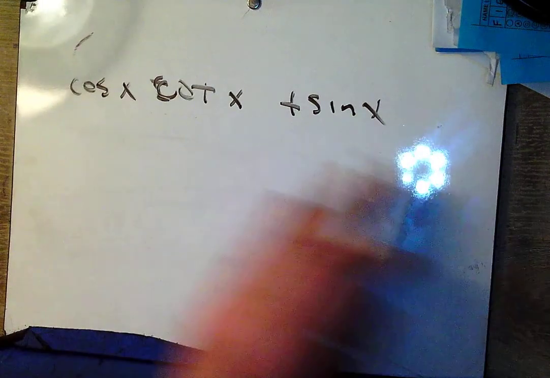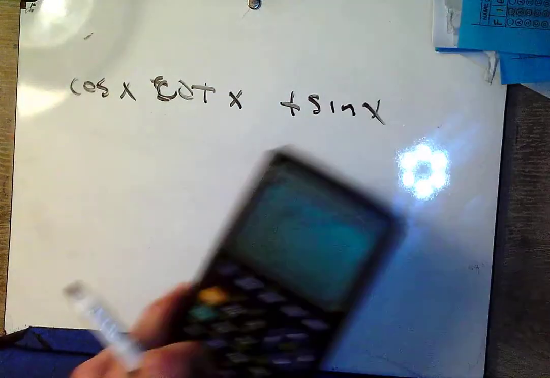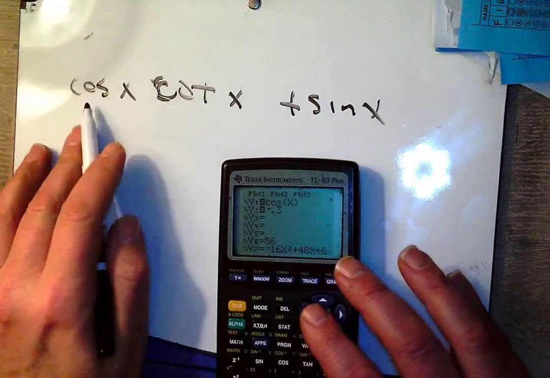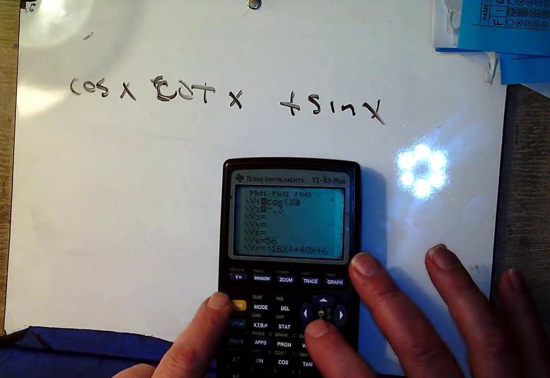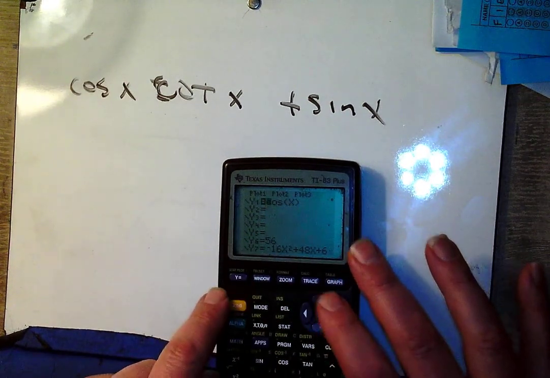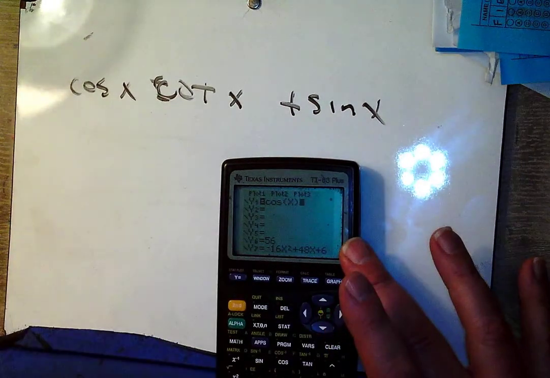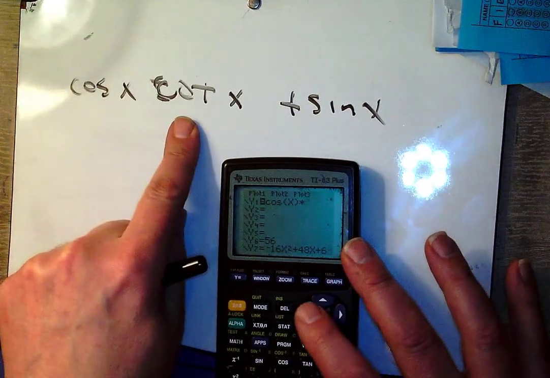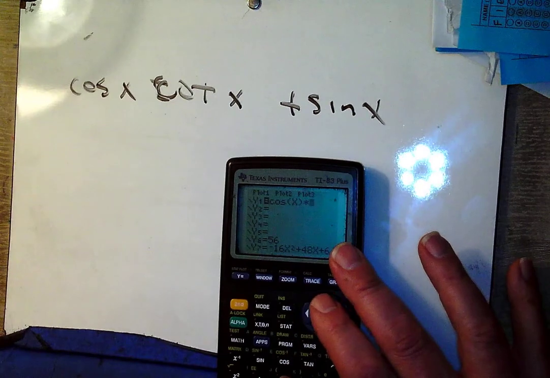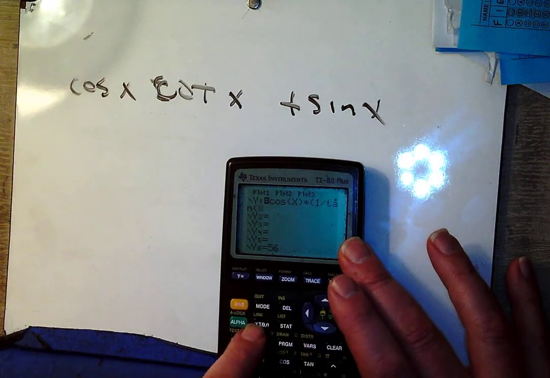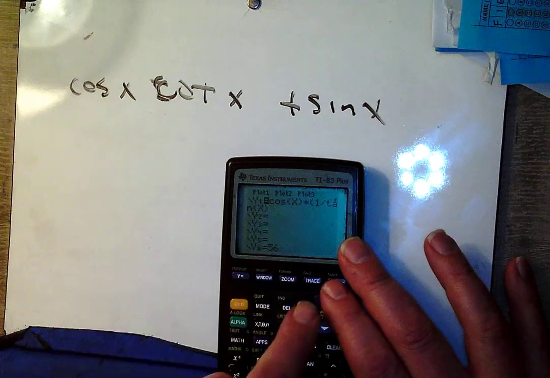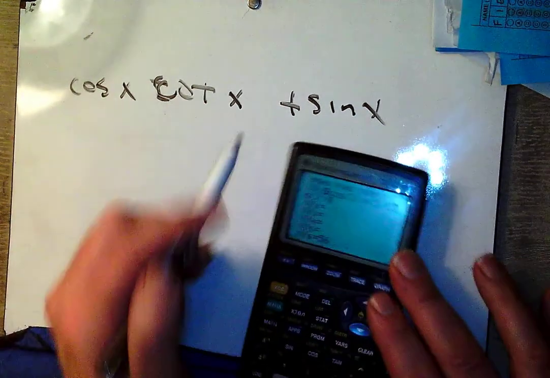Okay, so they say you're supposed to simplify this, but you should probably graph it first. Okay, cosine, oh look, I have cosine there. Cosine times, I don't have a cotangent button, Mr. Kukla. Yeah, I know. So that's why I'm going to do times 1 divided by tangent. I've got a tangent button. I'll use 1 over tangent for that.